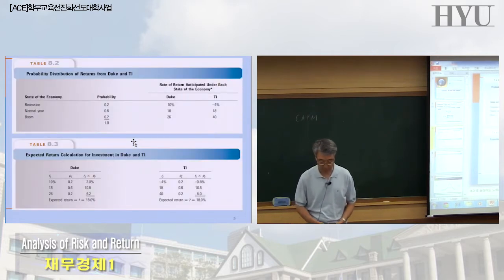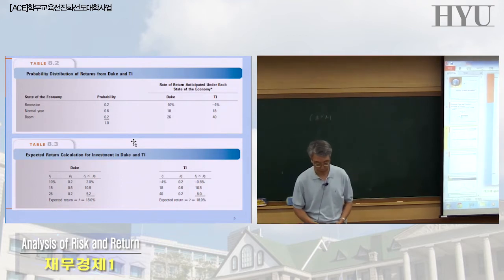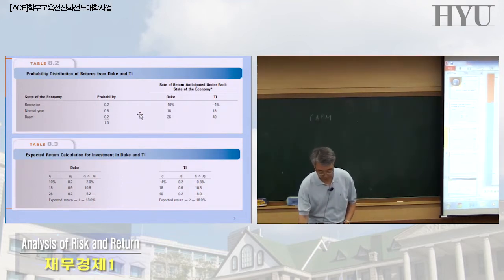This is Table 8.2 from your textbook, okay? So we're talking about two different stocks, Duke Energy versus TI, Texas Instruments, okay? And this is just a hypothetical scenario. We think about three different states of the economy: recession, normal year, boom year. Okay?